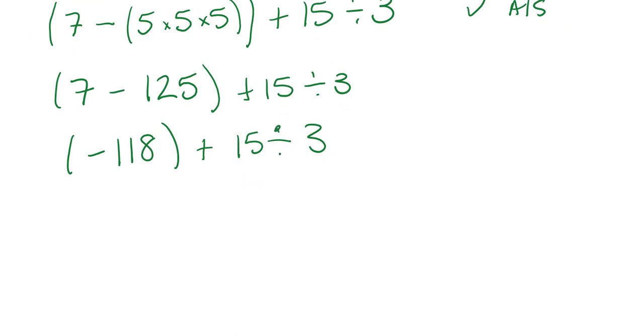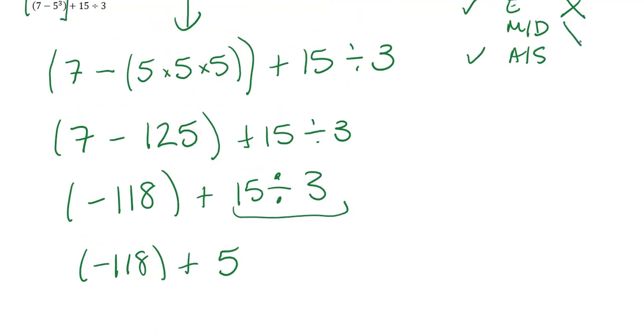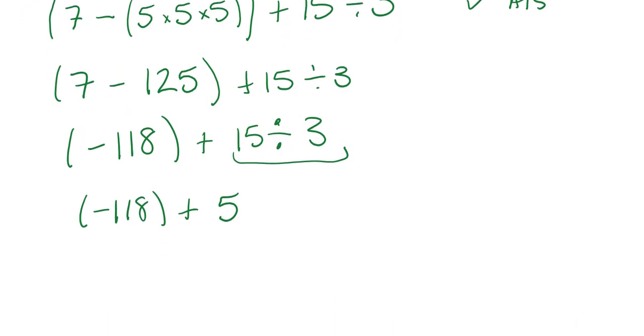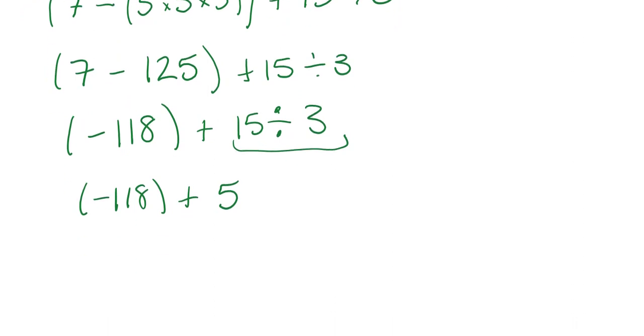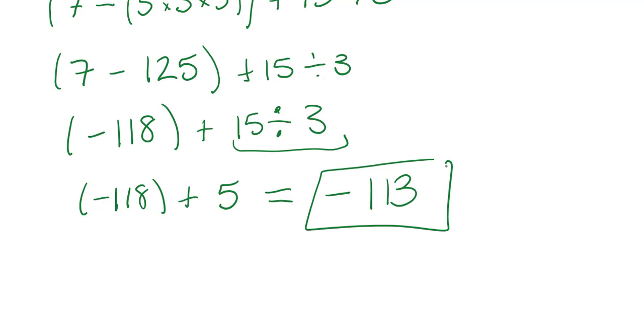This is where our division is: 15 divided by 3, which is 5. Now we just add these two numbers together. Negative 118 plus 5 gives us negative 113 as our final answer.